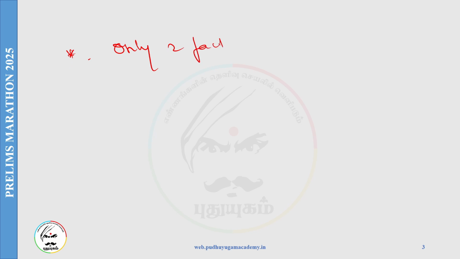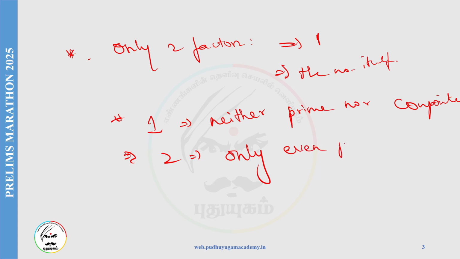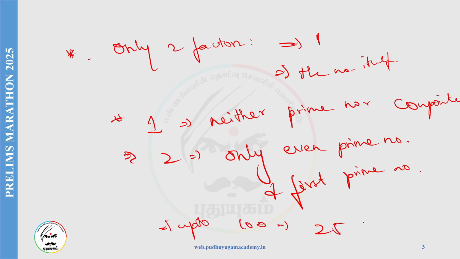Only two factors for prime numbers: one is 1, the other is the number itself. The number 1 is neither prime nor composite. And 2 is the only even prime number. And it is the first prime number. Up to 100, 25 prime numbers are there.